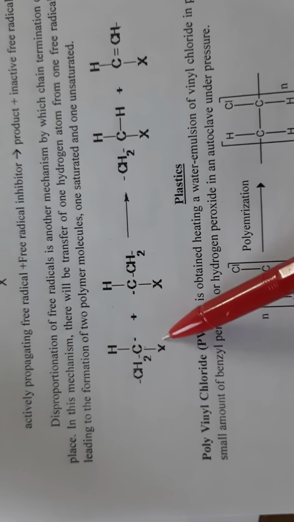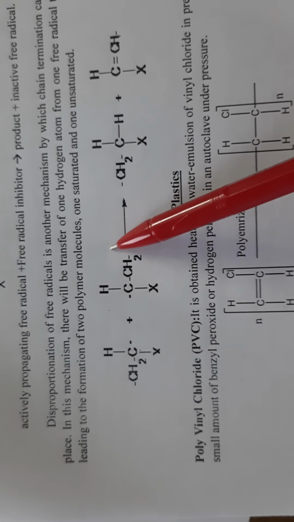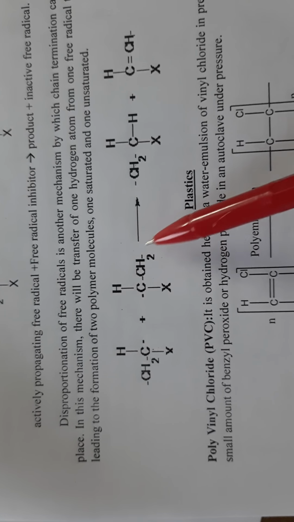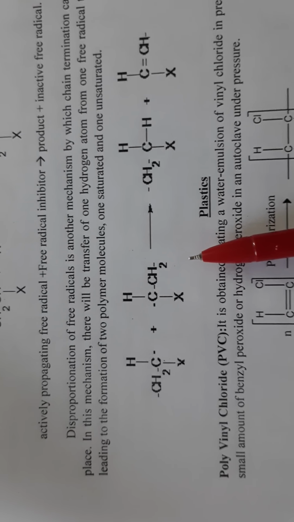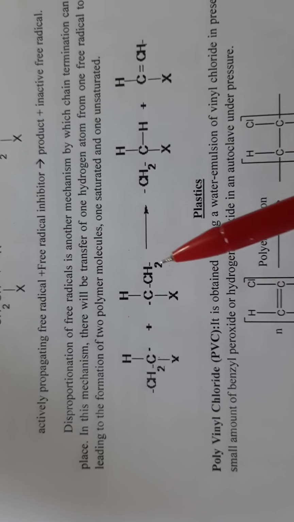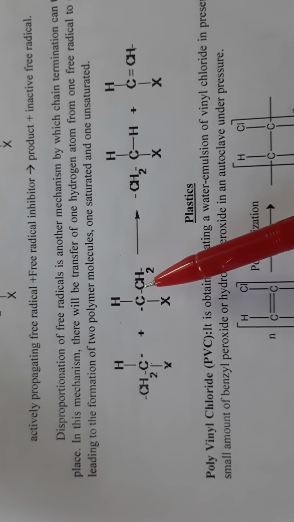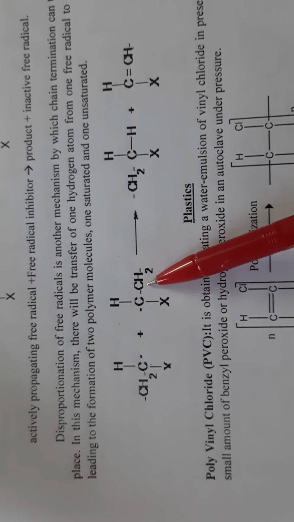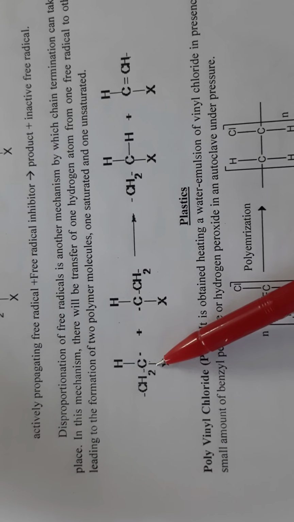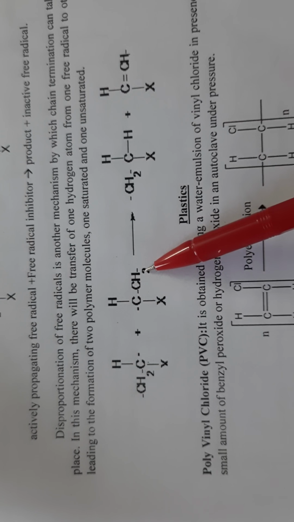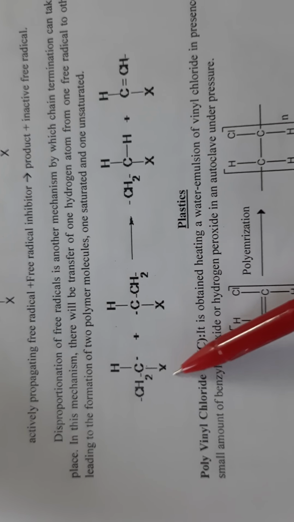So this is one monomer free radical and another monomer free radical. Here what happens is the hydrogen atom shifts from this monomer unit to this monomer unit. See here, this hydrogen shifted to here.